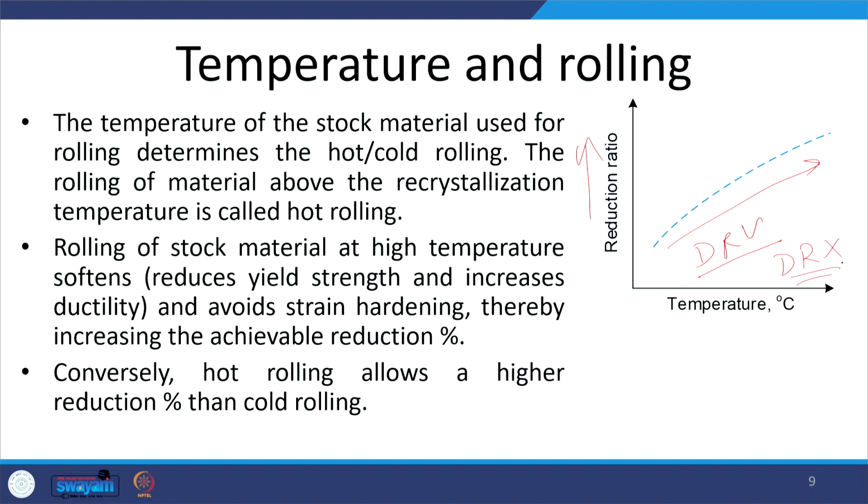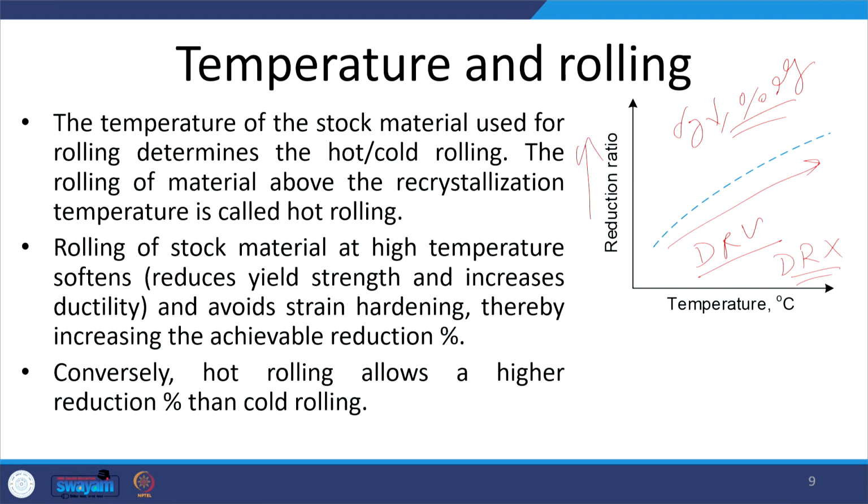Both of these lead to reduced yield strength and increased ductility, and that in turn facilitates a significant reduction in thickness in one pass itself. So, depending upon the temperature of the material, the reduction in thickness can be achieved to a very large variation of degree.